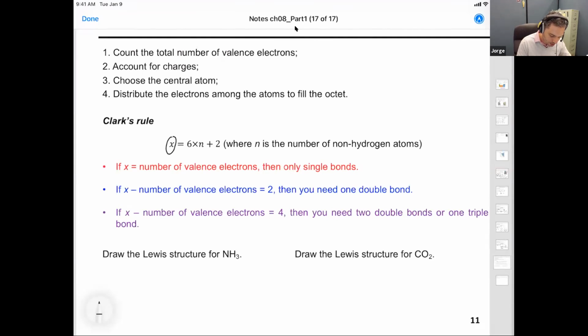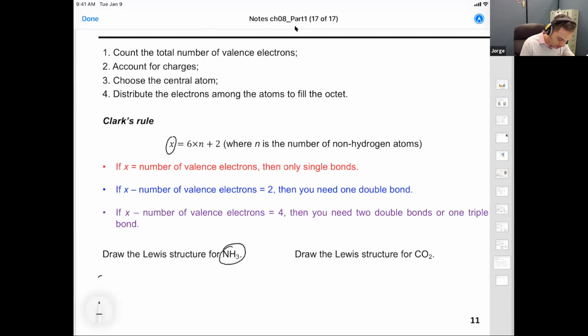Let's start with the NH3 structure. We already know the structure of NH3, so let's see how we would use the Clark's rule to figure out if there are single bonds, double bonds, or even triple bonds in this structure.